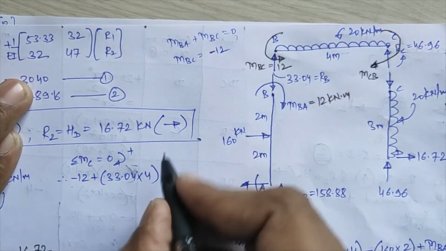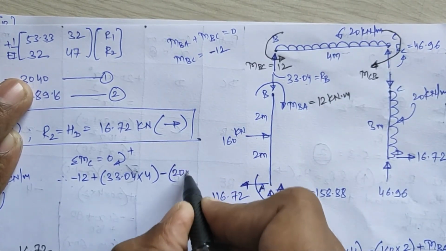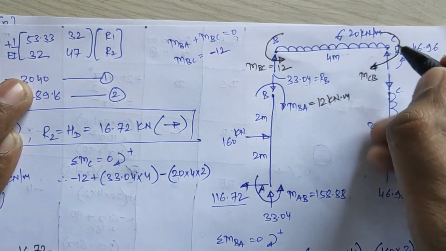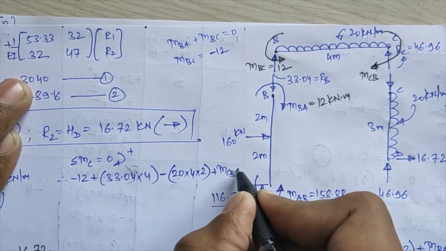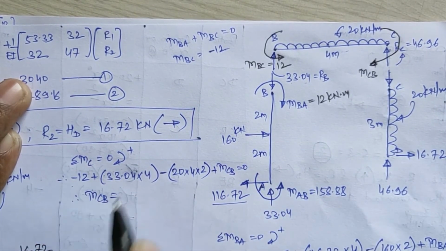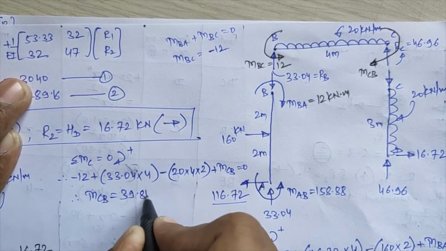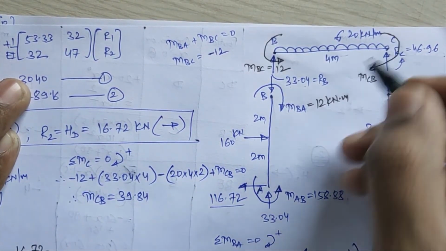Next, moment of this UDL will be anti-clockwise, so minus 20 into 4 into its lever arm, which will be half of the 4, that is 2, and plus this MCB is equal to 0. So if we calculate this, I have got MCB equal to 39.84 kilonewton meter positive.